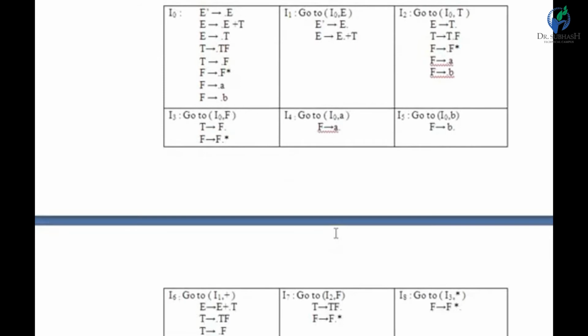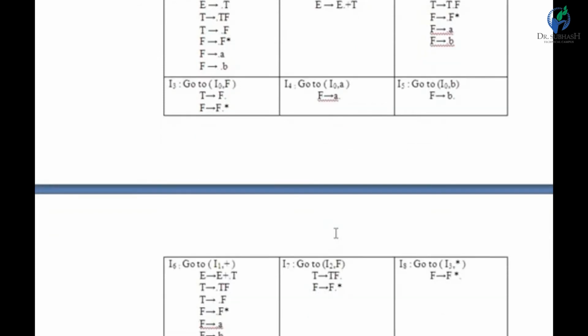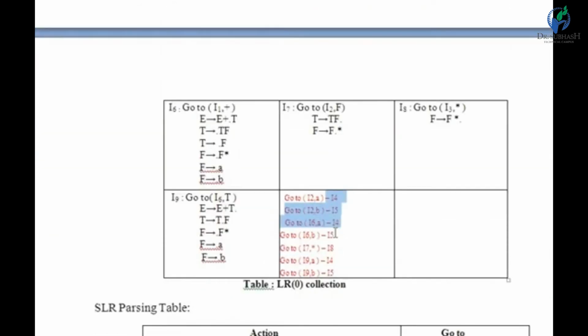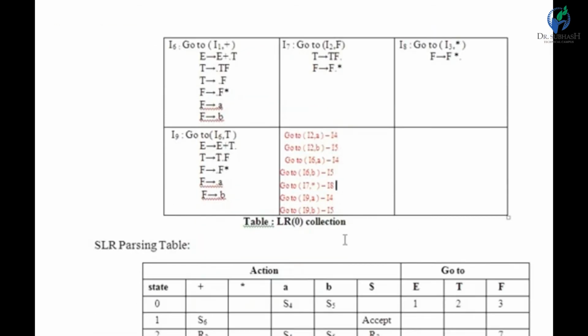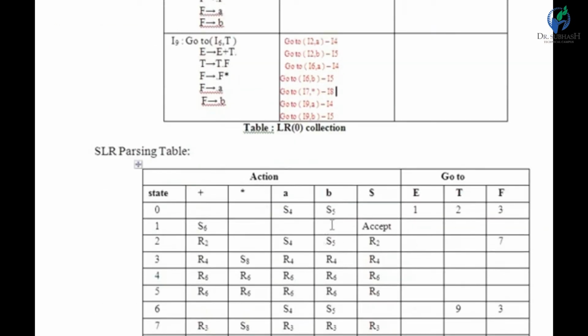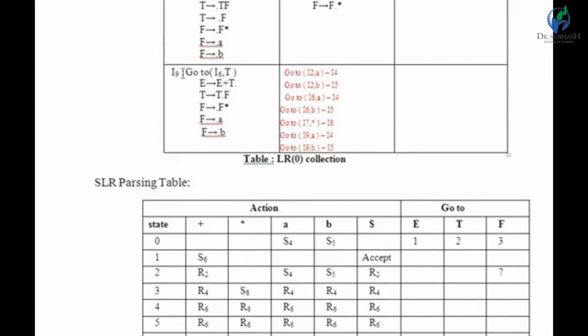According to this collection, you have to draw the parsing table. In the SLR parsing table, there are mainly two parts, action and go to. In action, you write the different states identified by I0, I1, I2.